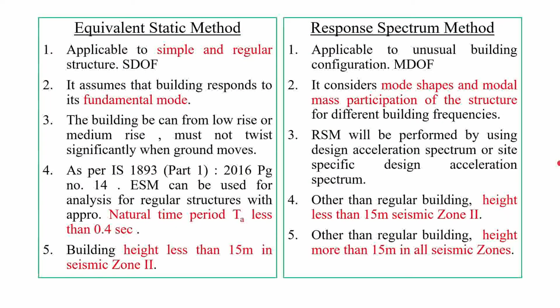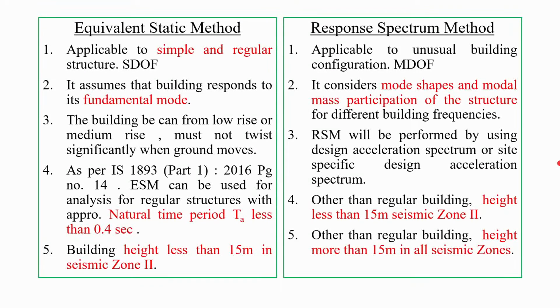Now, when should we consider each method for analyzing a building? For that, IS 1893 provides certain conditions to be satisfied. When these conditions are satisfied, then you can consider either of these methods for your analysis.